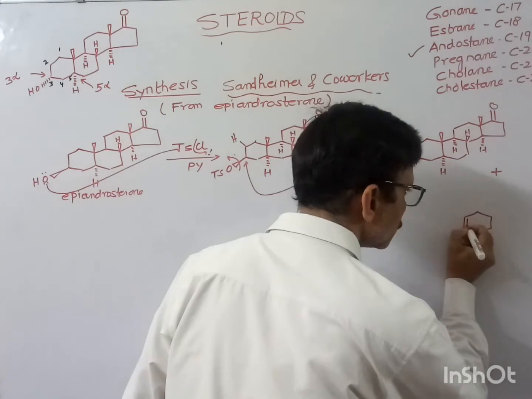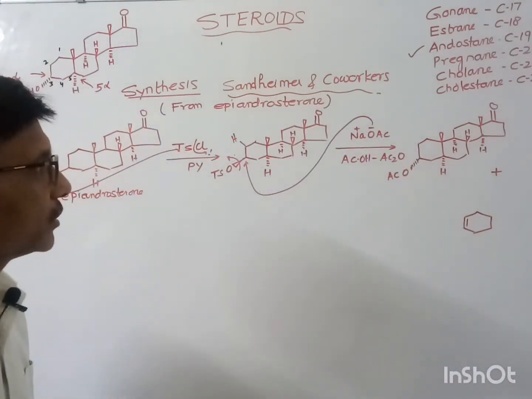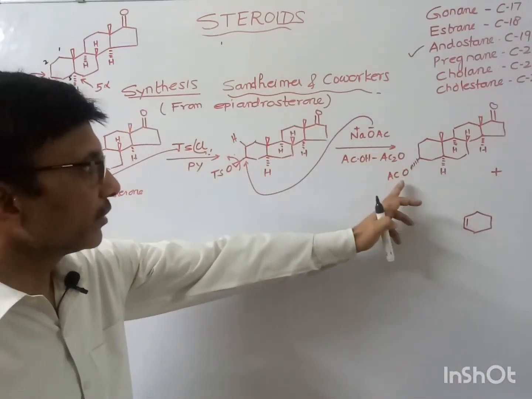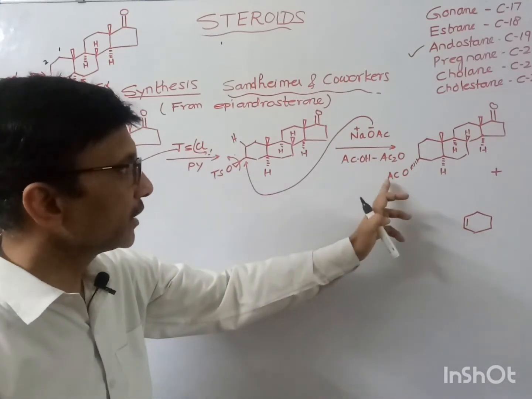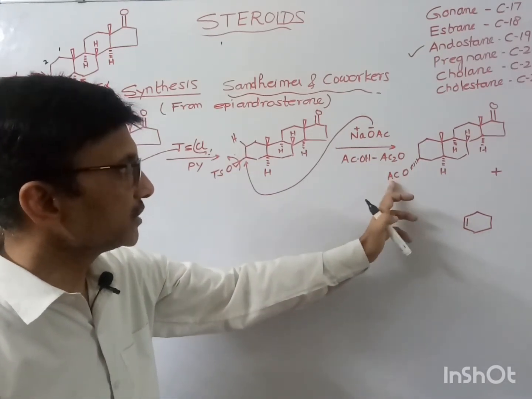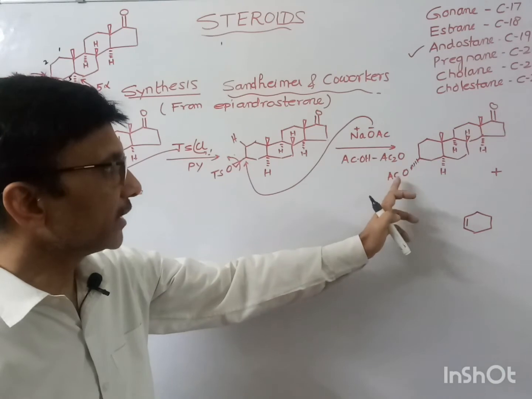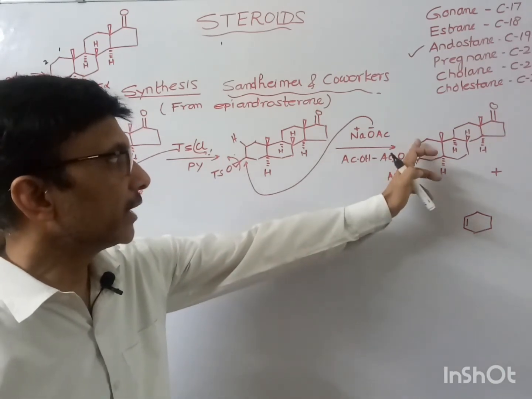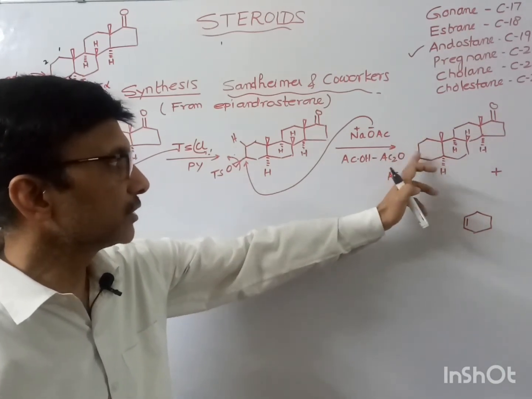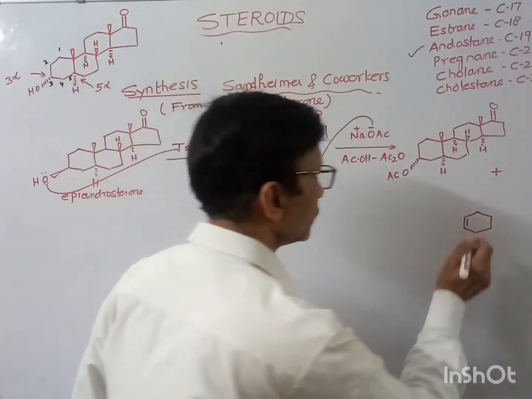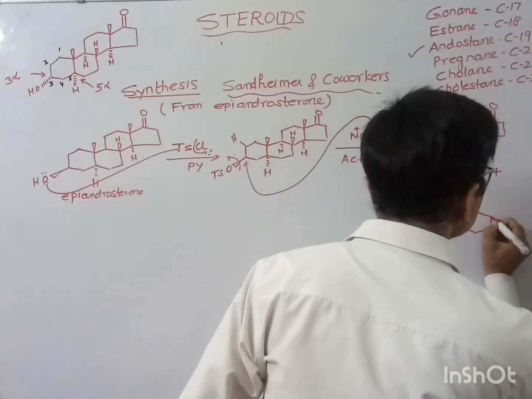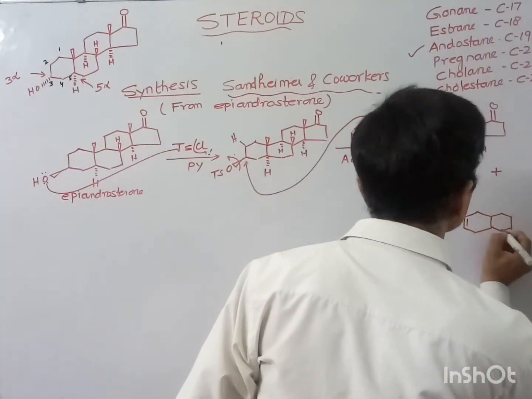After removing this H2, we will get one double bond. So how did a double bond come over here? This OAc would be hydrolyzed and converted into OH, and the H which is present at this position, elimination of H2 may occur, and we will get a double bond over here.